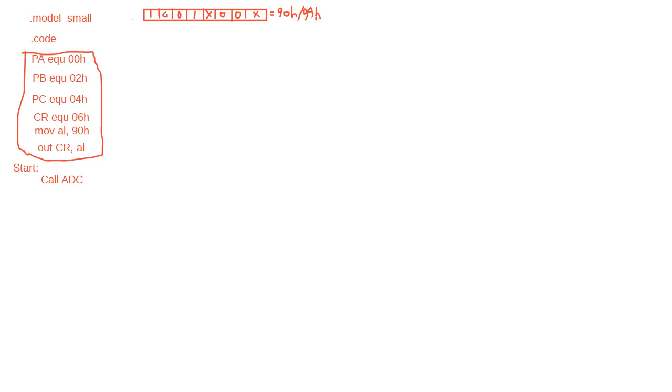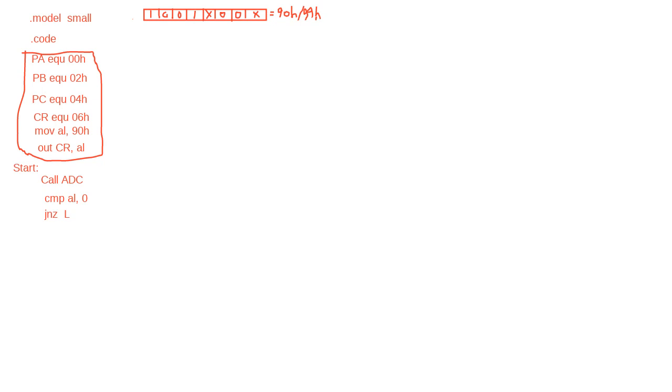Otherwise, we keep the value of AL. So compare AL, comma 0. If it is not 0, then jump to a label, and if it is 0, then we have to make it 1.